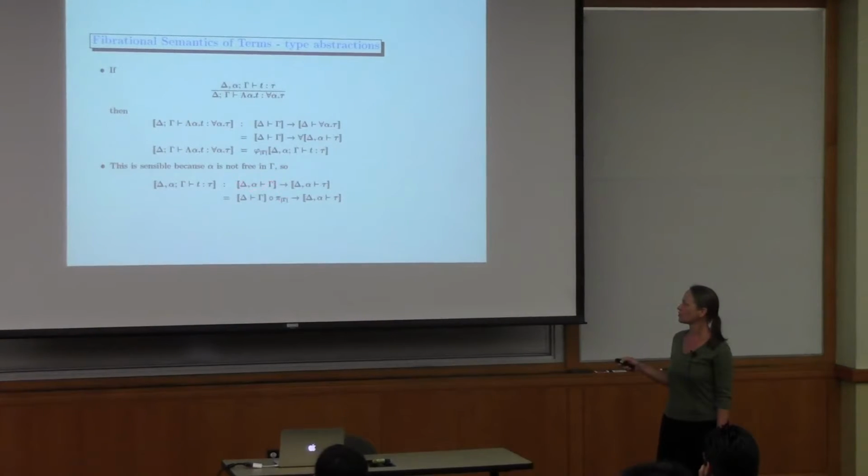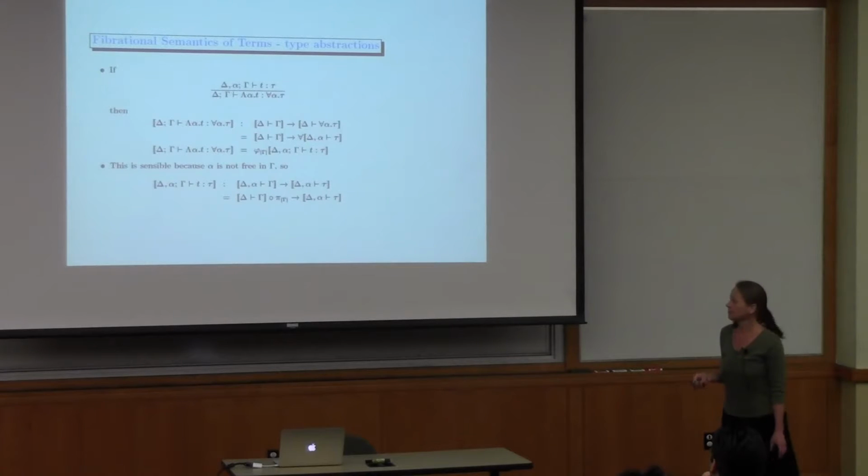So this interpretation of gamma in the slightly larger context where you give cardinality of delta plus 1 possible type interpretations is the same as give me those cardinality of delta type interpretations, I'll throw away the last one, I'll interpret gamma in that context, and that'll give me the same thing. Okay, so I didn't do anything to the return type here, but I did change the representation of the domain type. Okay, so that's fine.